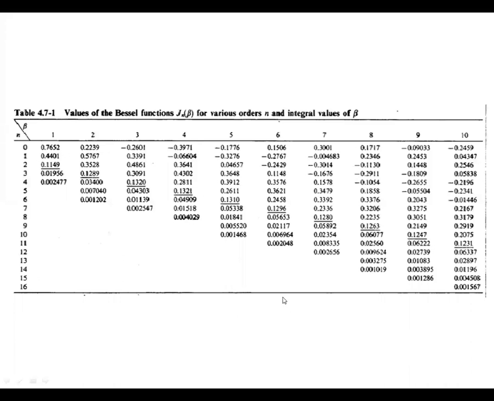This table is given as Bessel's function table. So see the value of the Bessel's function J and beta for various orders of n and integral values of beta. So this table is given.